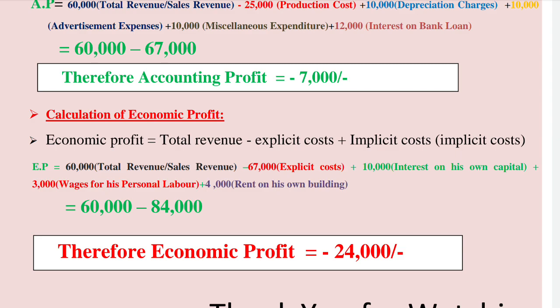Instead, it will show a loss of rupees 2,000. Thus, economic profits indicate the true performance of the business, as they consider implicit cost also. Hence, economic profits are more useful than accounting profits from a managerial point of view.